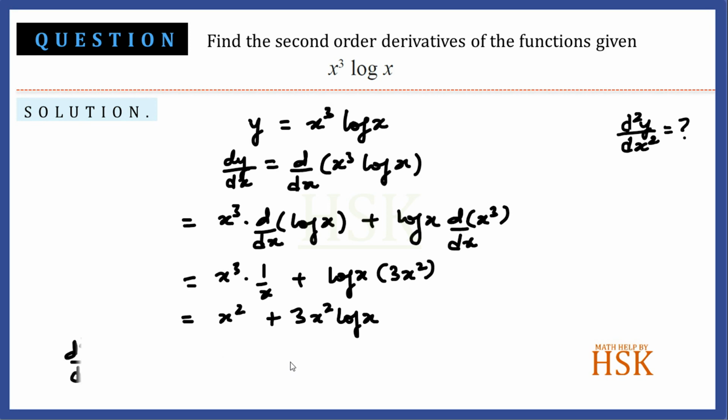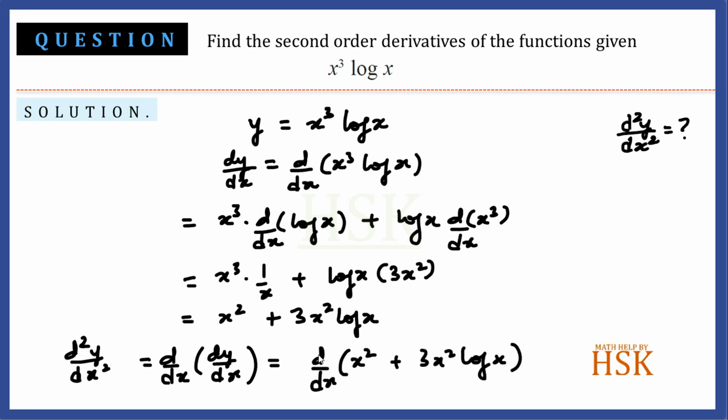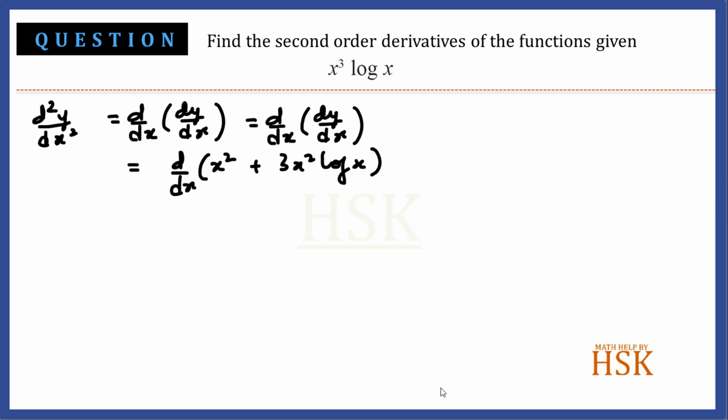Okay, now further d2y upon dx square is same as d by dx of dy upon dx, that is differentiating dy by dx again with respect to x, and this would be equal to d by dx of x square plus 3x square log x. Okay, so on differentiating further, I am going to get differentiation of x square as 2x plus d by dx of 3x square into log x.